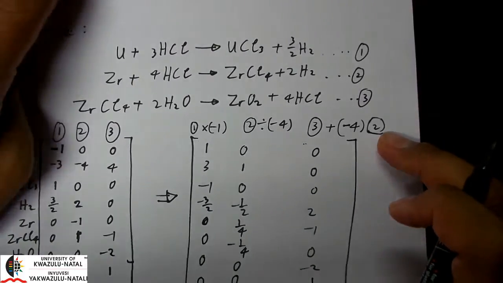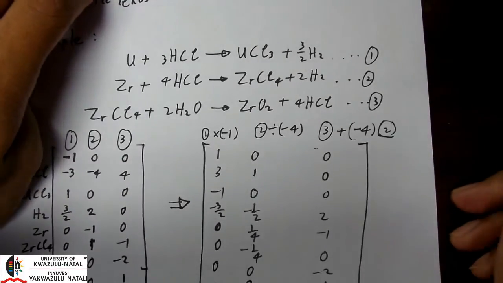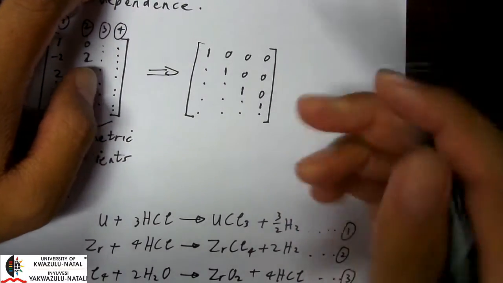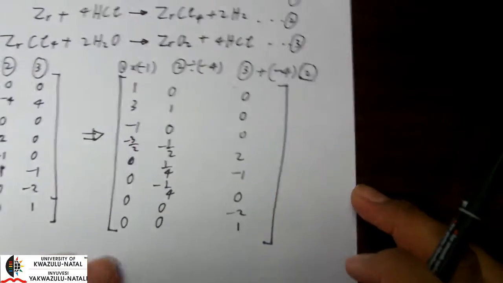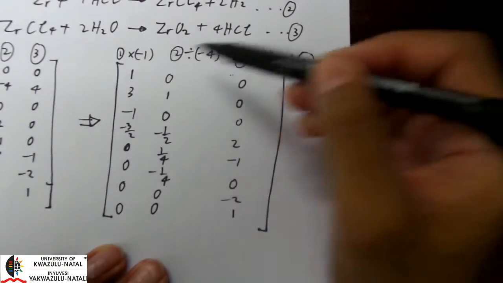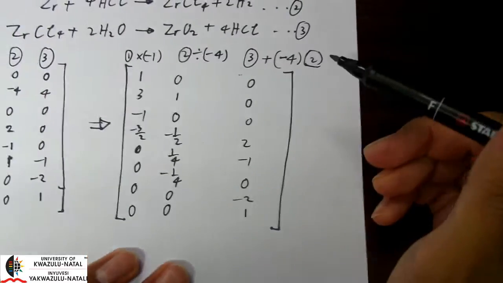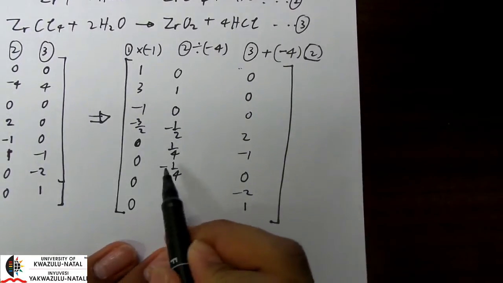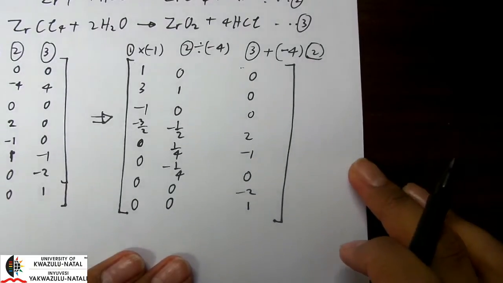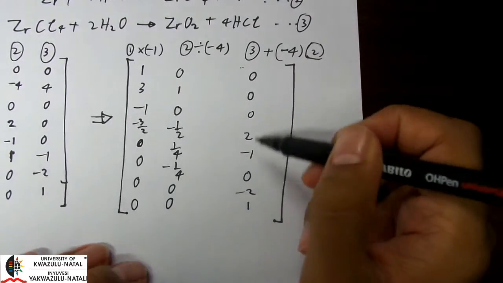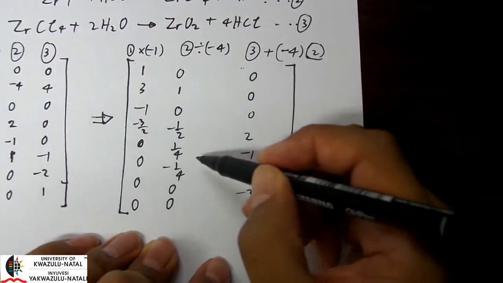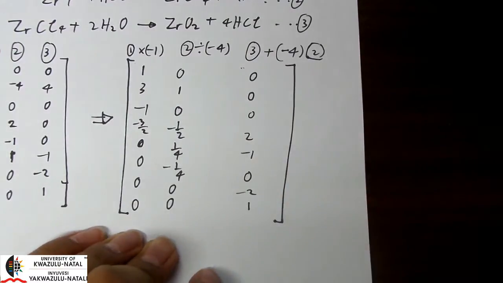So note that in our attempts to change our matrix from this form to this form here, we ended up with this matrix here. And as you can see, all of our columns still look quite different. None of the columns look identical to each other, so all of them are regarded as independent.